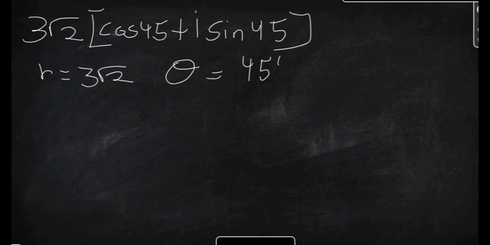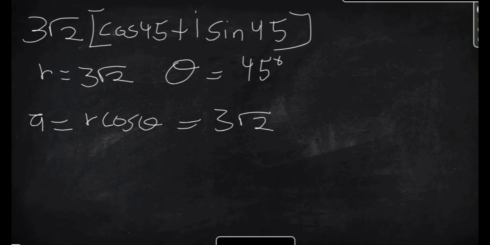Converting it to a rectangular form, we have our a, the real part, to be r cos theta, which is 3 root 2 cos 45. That gives a value of 3.